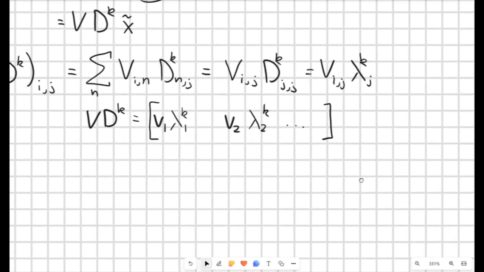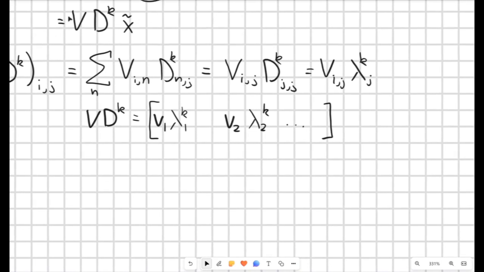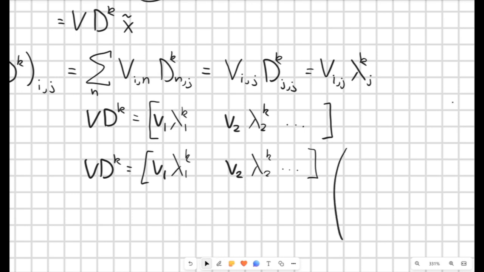That means that, again, returning to this up here, essentially we're just trying to expand this term. Matrix V times D to the power of K is equal to everything from the previous line. Remember, those V's are vectors. Multiplied by, so this x tilde, I'm actually going to split that up into individual elements, scalars. So let's say that's x tilde 1, x tilde 2.